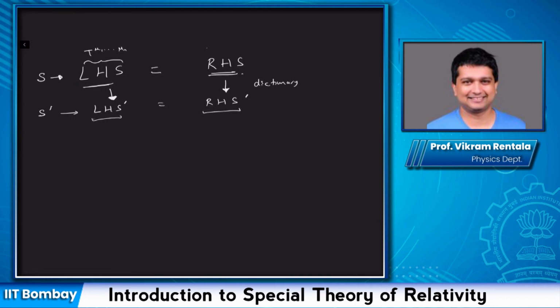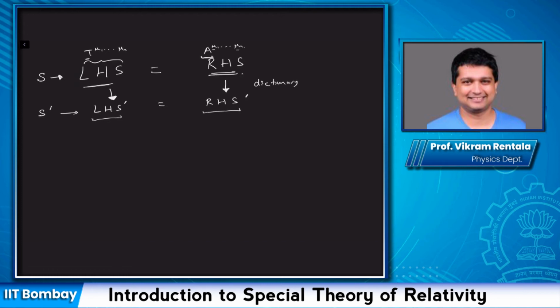Let's call this A^(μ1...μn). The physical law is telling us that this tensor, if I calculate each of its components in frame S, should be related to this other tensor where I calculate each of these components in frame S.